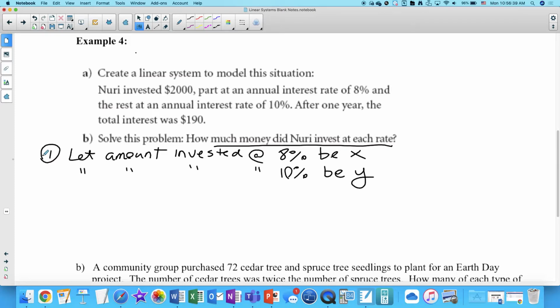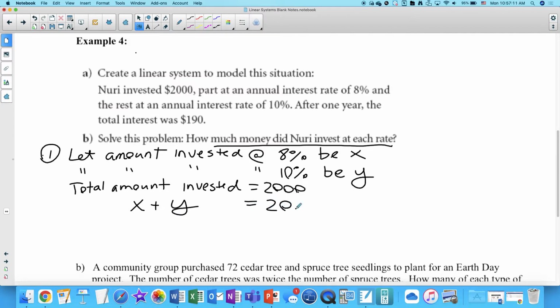So total amount invested is $2,000. Well, if she invests X at 8% and Y at 10%, what's an expression for the total amount invested? X plus Y equals 2,000. X plus Y is the total amount invested.